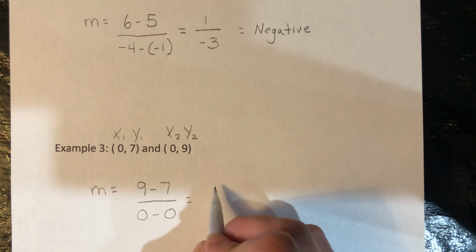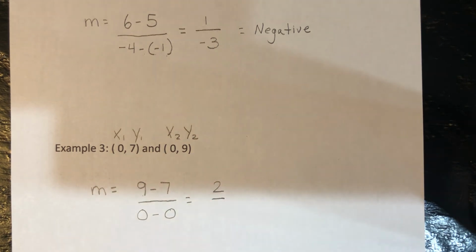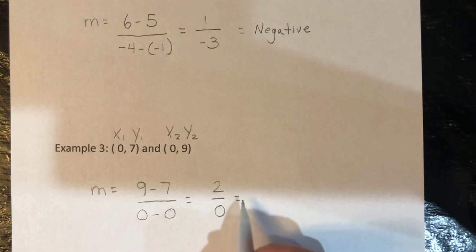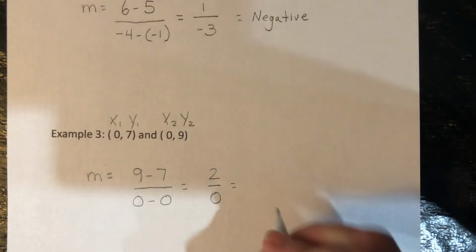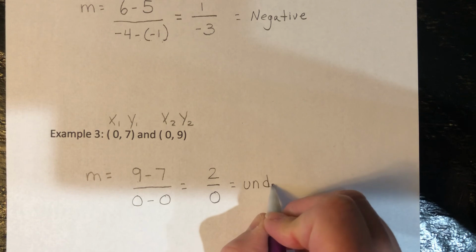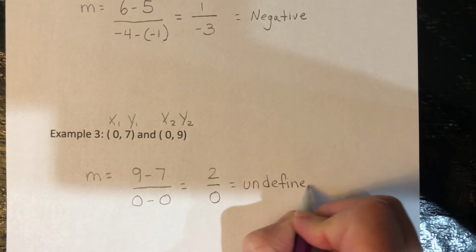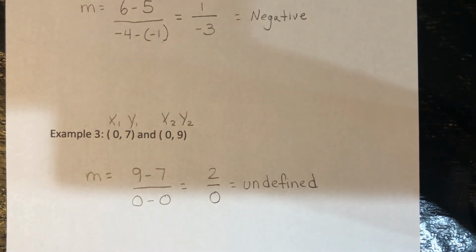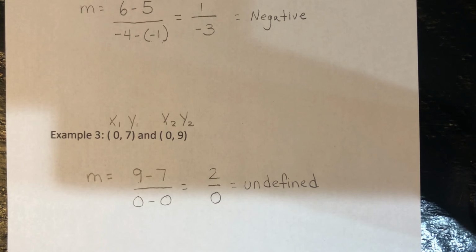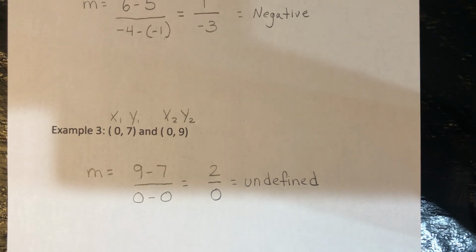So I have 9 minus 7 is 2. 0 minus 0 is 0. And remember, when 0 is in the denominator, this is going to be undefined. So we would consider this an undefined slope. And remember, if you worked out a problem and 0 was in the numerator, that would be a 0 slope.